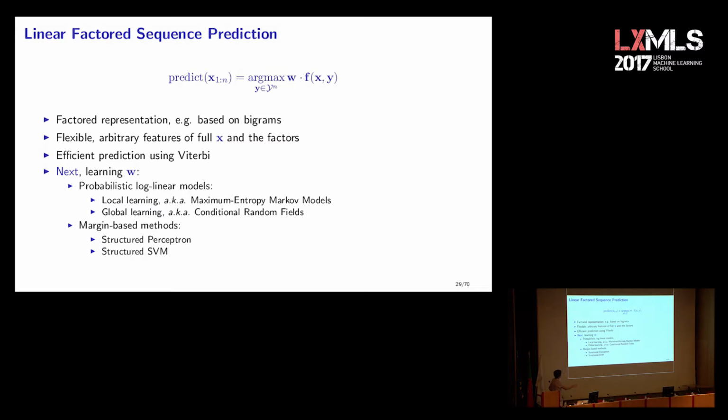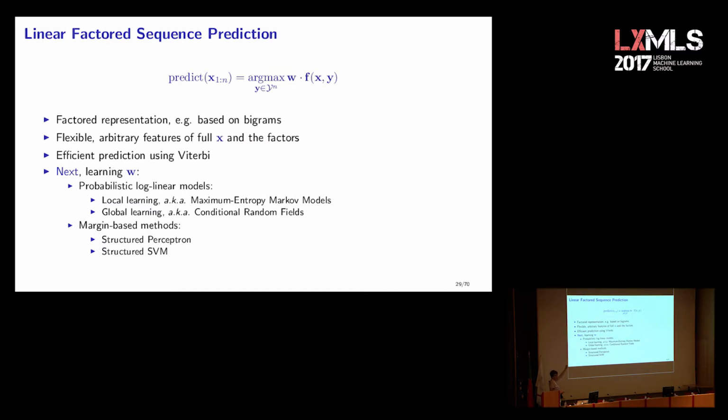Instead of looking at full sequences, we break it down into chunks, and then we define a linear model on top of that representation. This is flexible, with arbitrary features, and there's only one horizon, which is the order of the factorization. That's what makes it tractable, and that's what defines the cost of predicting.